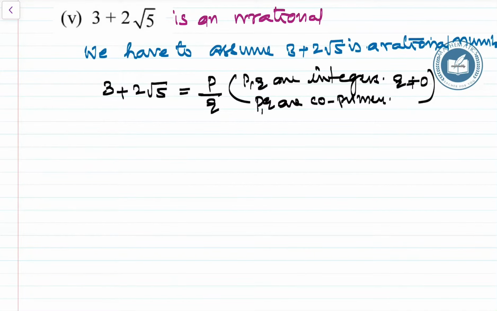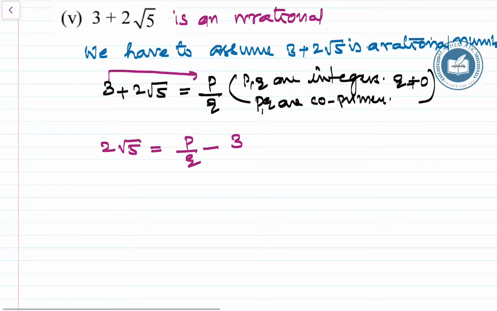Now this is also a very simple problem actually. We just have to transpose 3 from left to right. So now we can write 2 root 5 equal to p upon q minus 3.